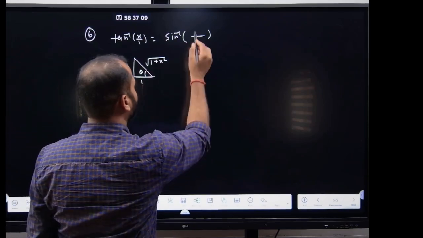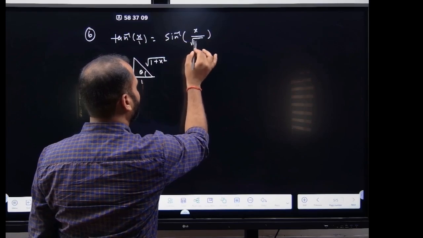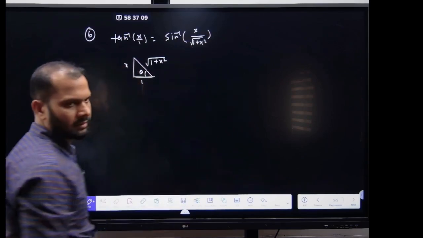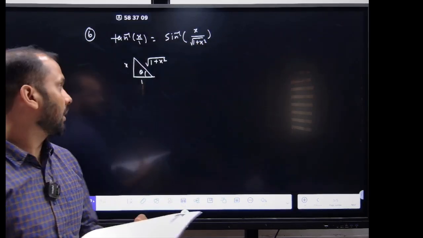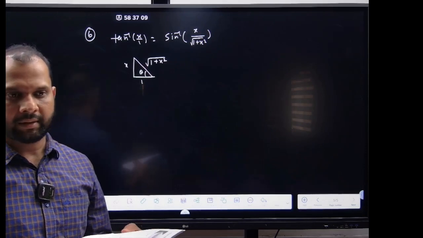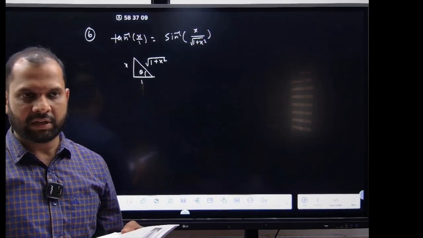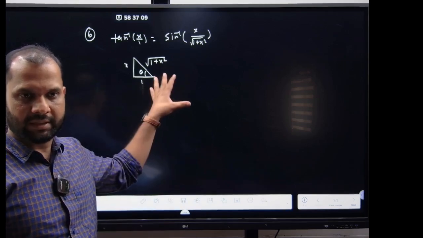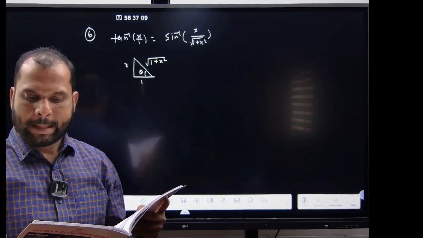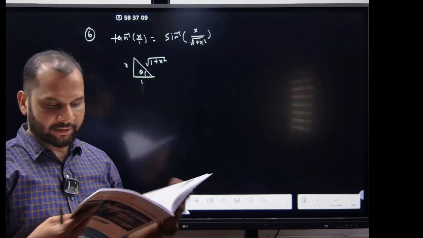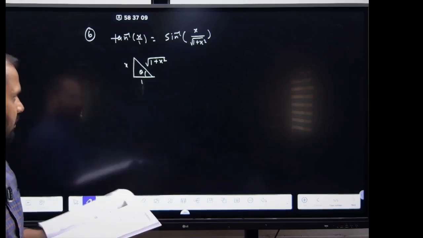Sine inverse, which means perpendicular upon hypotenuse, x upon square root of 1 plus x square. Done. Correct, sine inverse of x upon square root of 1 plus x square. Any one identity can be converted into another. Are you able to understand this? Got that? Yes or no? After that, some other properties are also there, that also I will be writing.